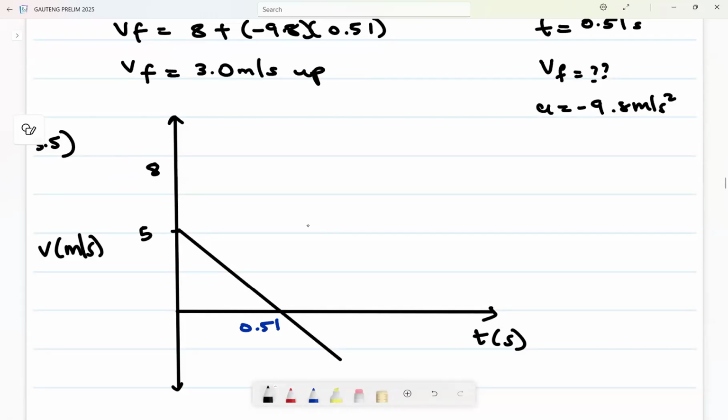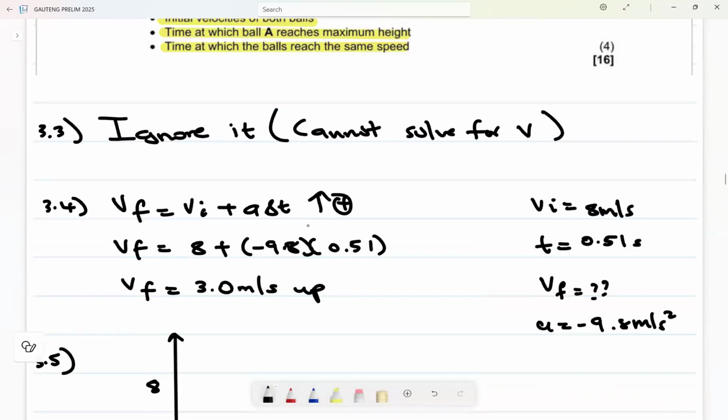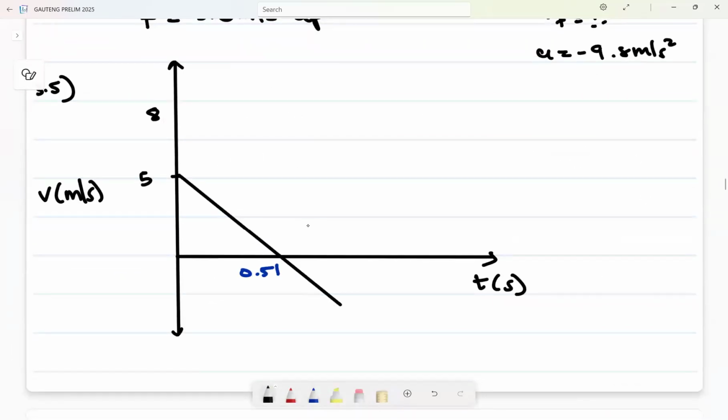So it was somewhere here at 3, which means it is going to reach the maximum height later on. So let's just draw for them when they're at the maximum height, both of them, from here to there.